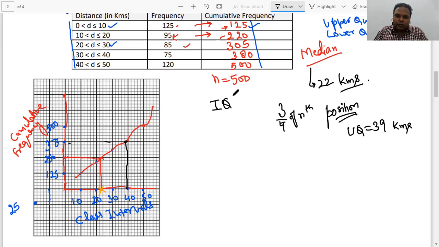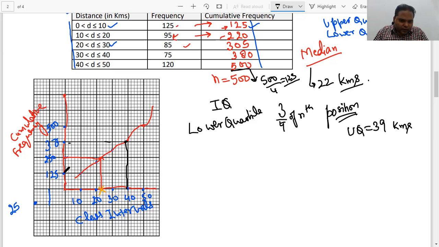Similarly, we need to find out now the lower quartile. Now, lower quartile is basically the first quarter of the cumulative frequency. So first quarter of the cumulative frequency, which is highest at 500, is 500 over 4, and that's 125.